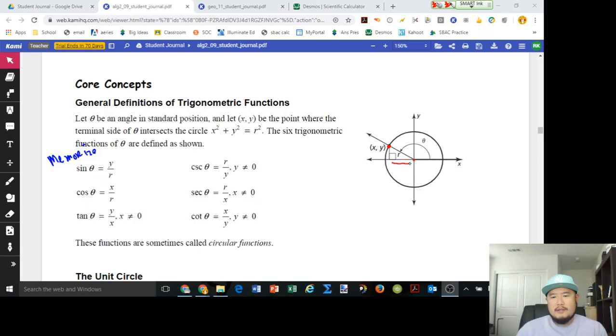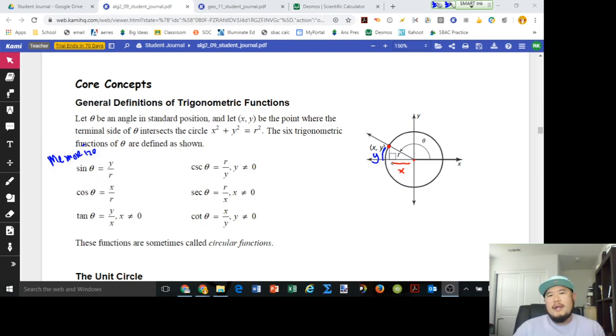Going up right here, that happens to be your y. And we form a right triangle, and from the origin to that point is the radius, because we are dealing with a circle right here. So that is y, this is r, and then we have x and y.